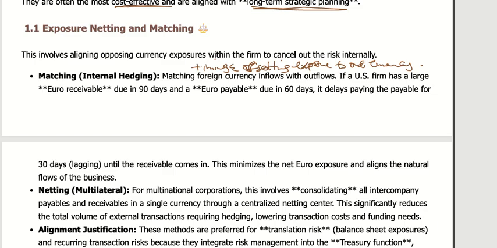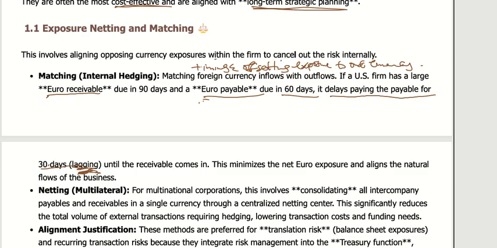So an example we are being given is that if we are looking at a US firm which has a large euro receivable in 90 days, and it has a payable in 60 days, then the best would be to delay your payable by 30 days, meaning lagging.